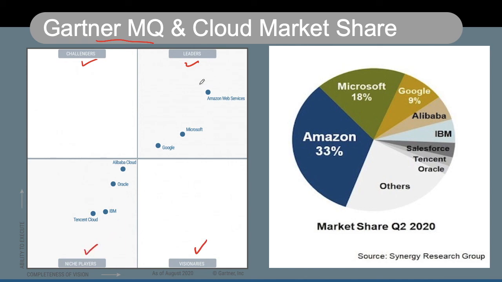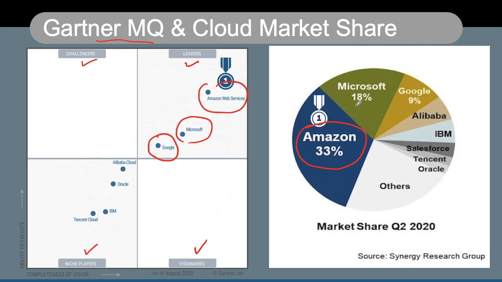If you look at the leader part, Amazon Web Services is one of the leaders in the cloud computing market, followed by Microsoft, and after that Google. On the right side, Amazon has 33% market share of the cloud market, followed by Microsoft Azure at 18%, and Google at 9%. So Amazon, Microsoft, and Google together have more than 50% of the market share. All these numbers are based on Q2 of 2020, published by Synergy Research Group.